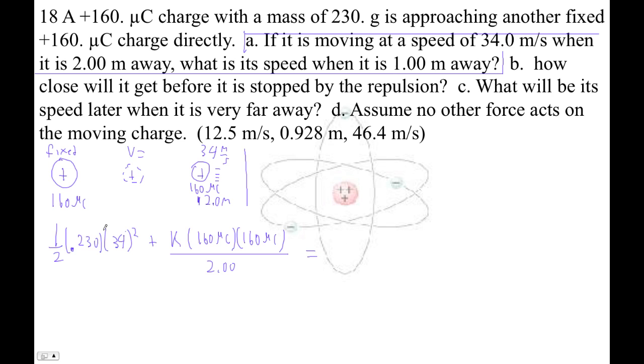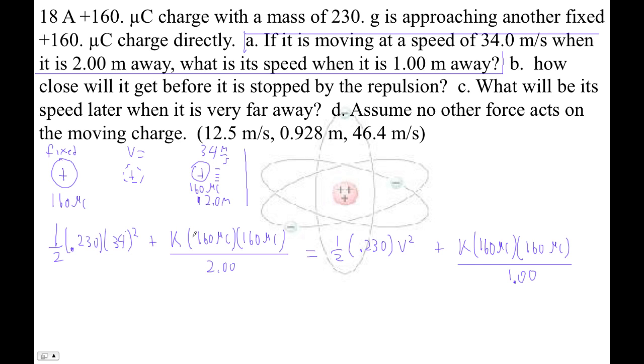And then we want to figure out the velocity when it's 1 meter away. So that's going to be 1/2 times 0.230 v squared plus K times 160 microcoulombs times 160 microcoulombs, divided by 1.00. Now K is, of course, 8.99 times 10 to the 9th.